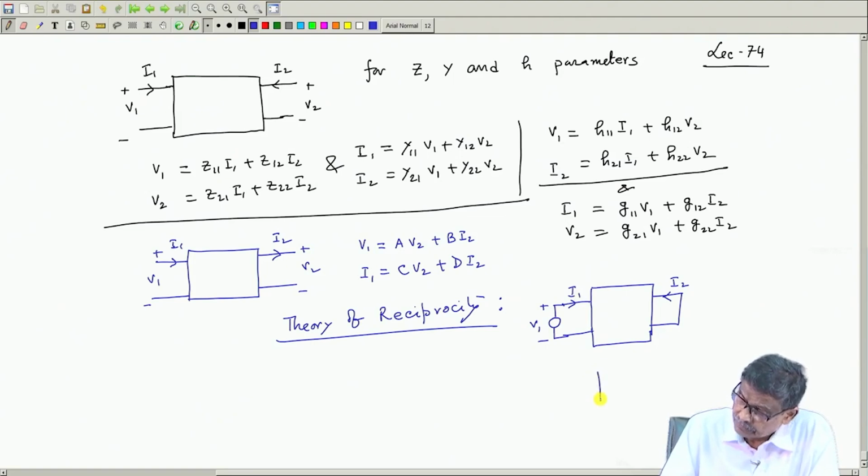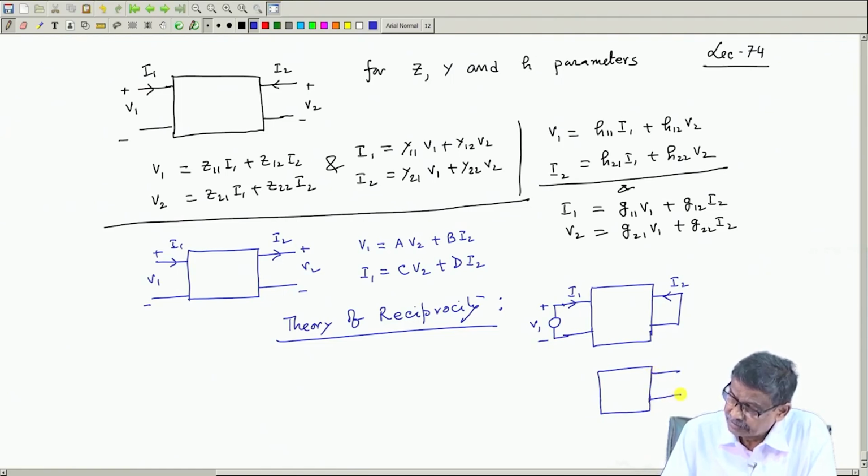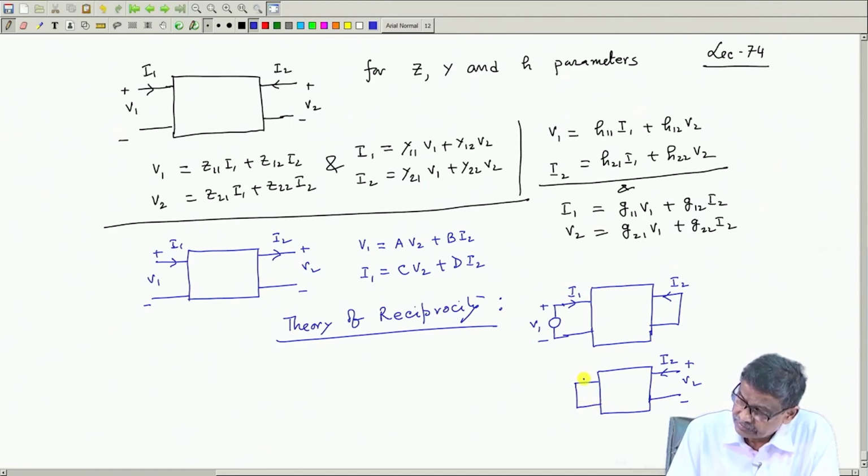And you also do the other case: you apply a voltage V2 here, and this is I2, and short circuit this, this is I1.